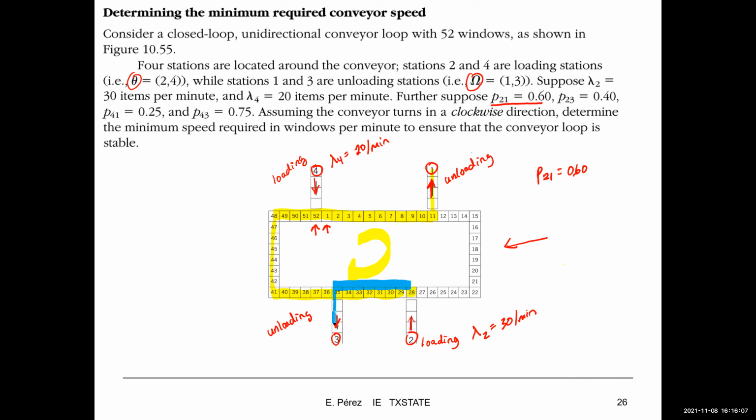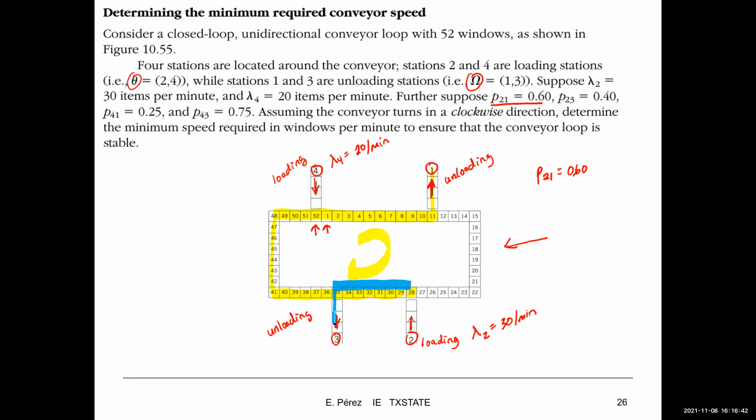And you can see why this decision variable Z, 1 or 0, will come into place, because if you just go from 2 to 3, you are not touching every single window, or you're not using the whole conveyor. Same thing for that yellow line. You're not using that last segment of the conveyor. So that gives us an understanding of what part of the conveyor you're going to be using if you're getting from this station to this other station.